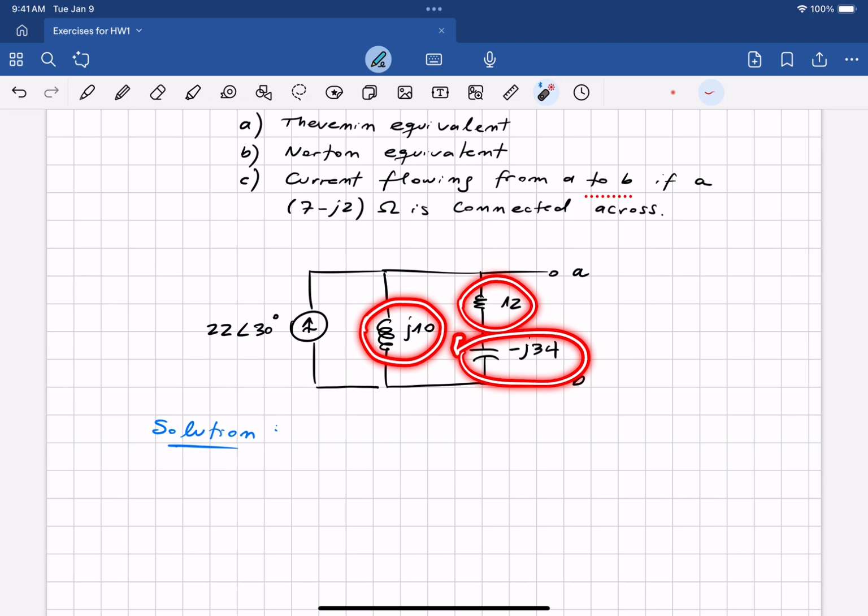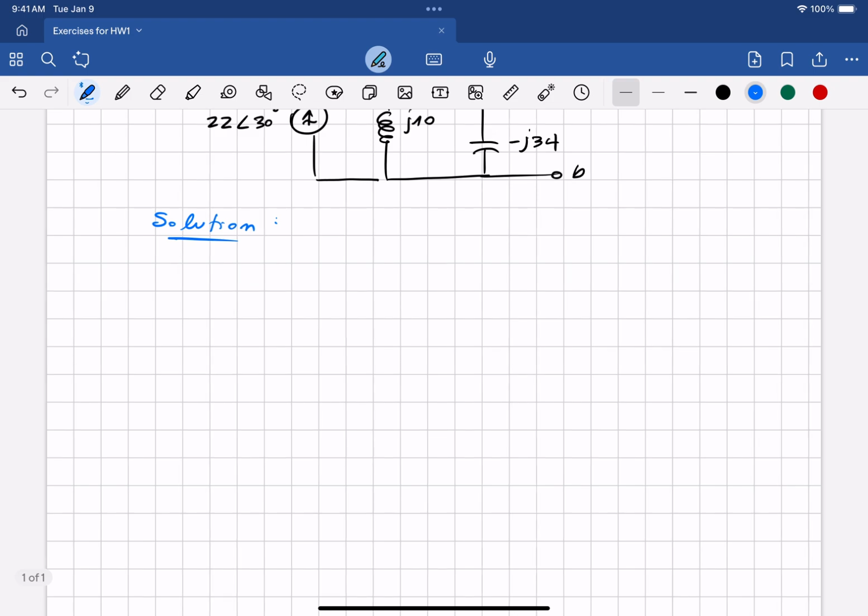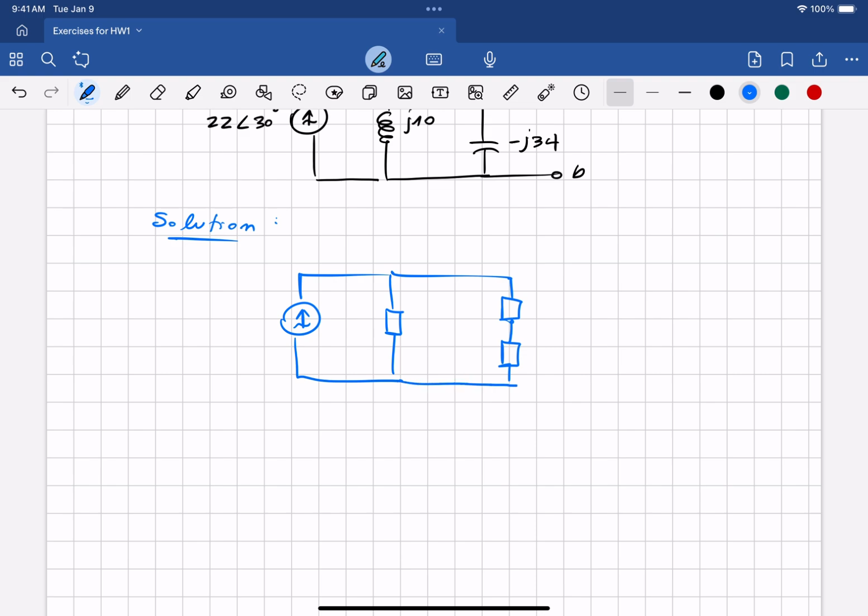So there's no more subdivision between resistor, inductor, and capacitor. They're all impedances. So let's start with that. Let's start thinking of this circuit as boxes. So we have our circuit in the phasor domain.